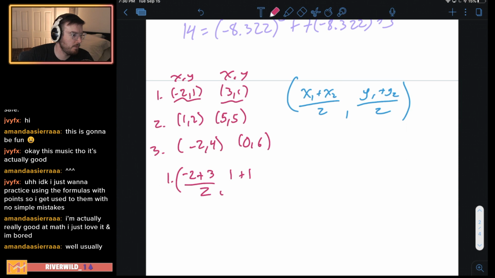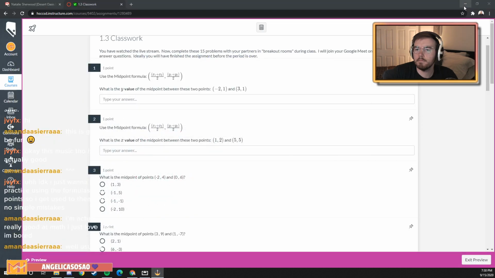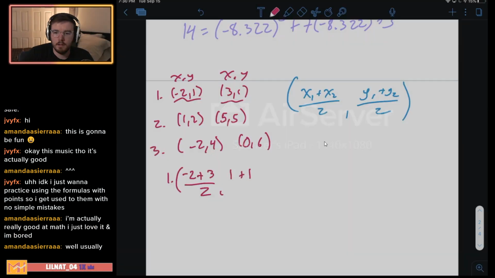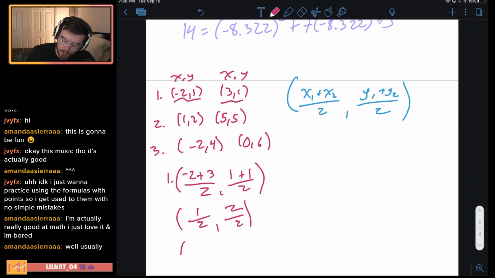Was that 3, 1 or 3, 6? I wrote that down quickly, and now I can't read my own handwriting. 3, 1. Okay. 1 plus 1 over 2. So we end up with negative 2 plus 3, that's 1 half. And 1 plus 1 is 2 over 2. So, 1 half comma 1.